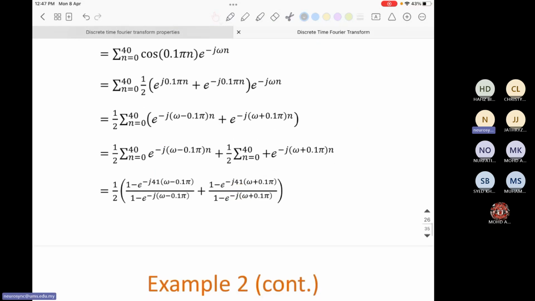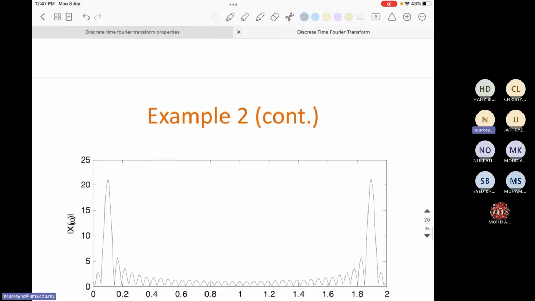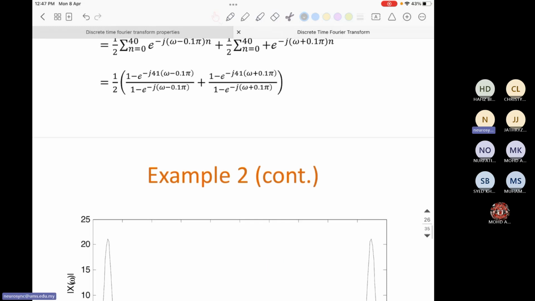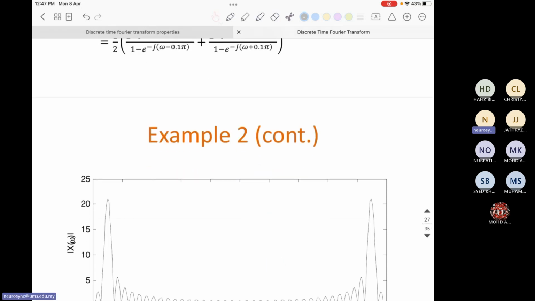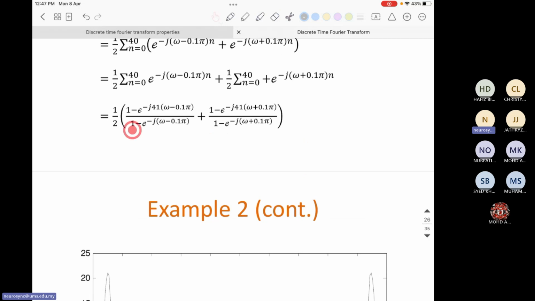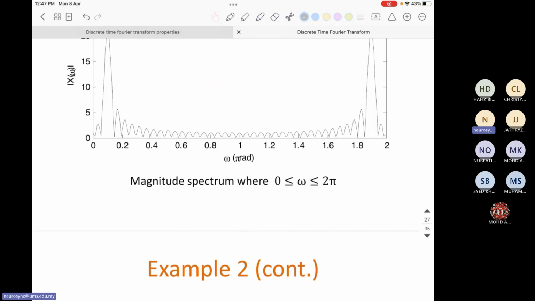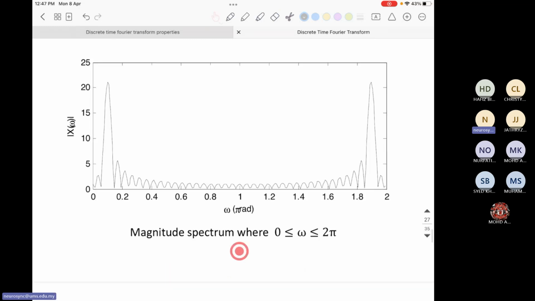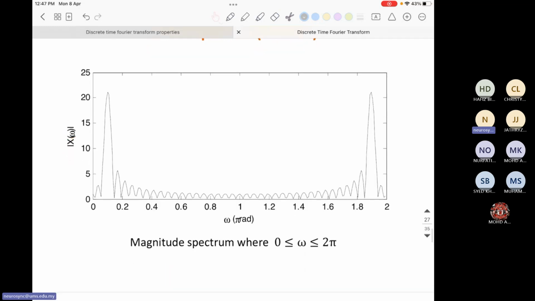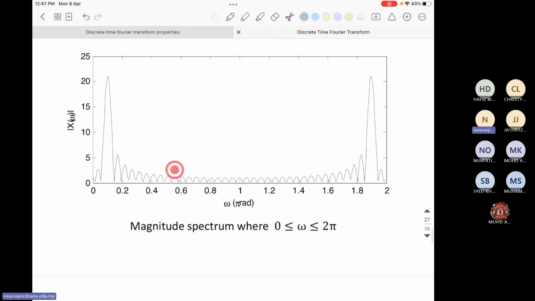Now, in this H of omega, you can see there is a real part as well as an imaginary part. Now you can find out the magnitude for this H of omega. You can also plot the angle for H of omega. Now if you plot the magnitude of H of omega from 0 to 2 pi, you will get the plot like this.